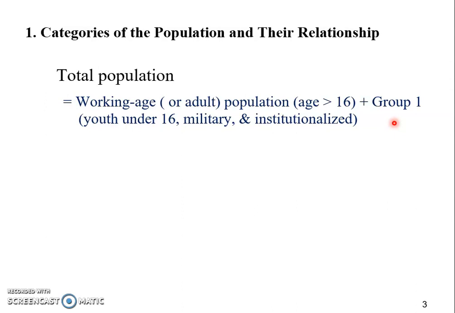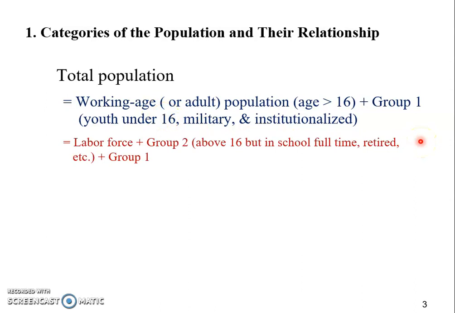Now, this is actually the first layer of breakdown. After we finish these, the Labor Department focuses on the working age population and breaks this group down further. This time we find that if someone is above 16 but in school full time, like you guys as college students, or retired, probably like your grandparents, then they're going to put them into group 2.